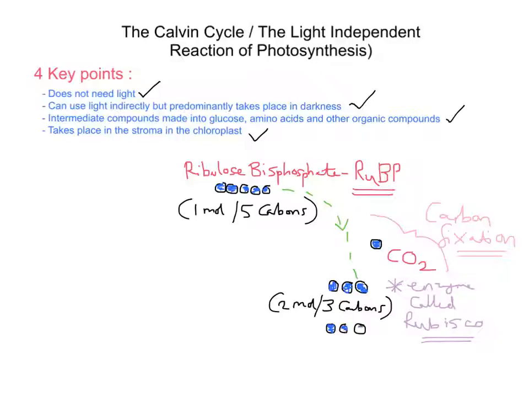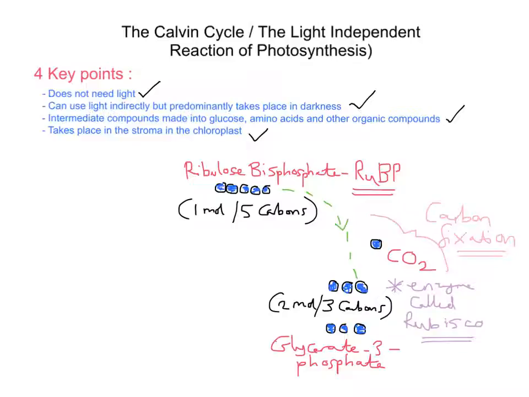But we have it as 2 3-carbon molecules. Now this molecule is known as glycerate 3-phosphate. It's sometimes also called 3-phosphoglycerate, but glycerate 3-phosphate is typically what you'd find. So that whole stage there is called carbon fixation.